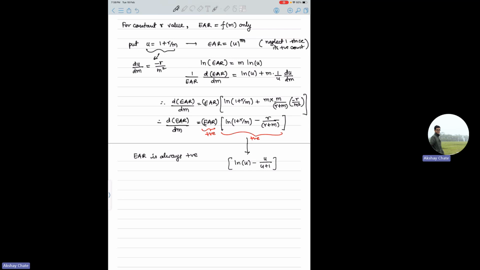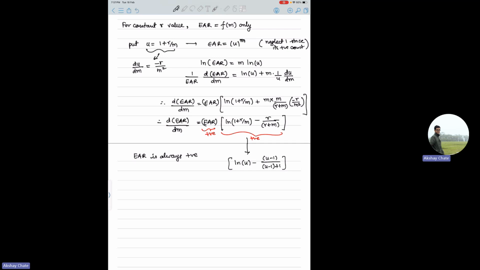So as m tends to infinity, oh no, sorry, this is not correct. This is R by M, so that is 1 minus U. Okay, so R by M is U minus 1, so U minus 1 will be here, and here R by M is U minus 1, plus 1, correct, no?